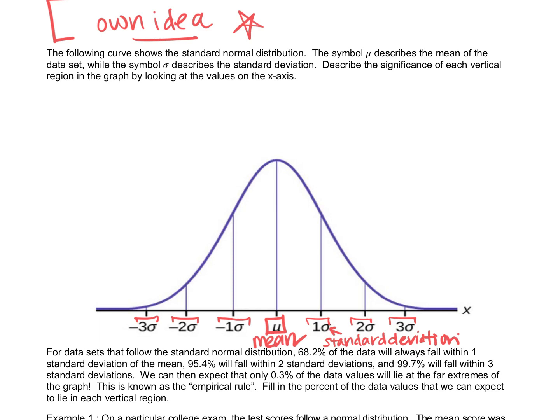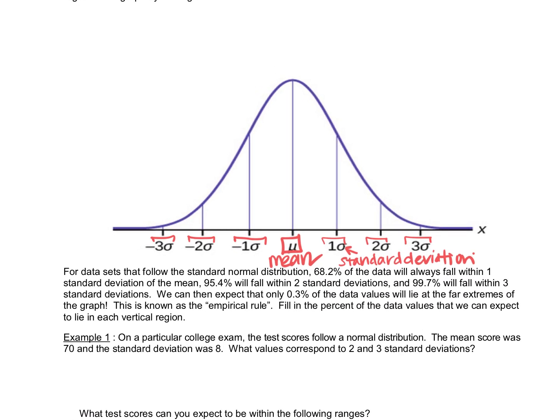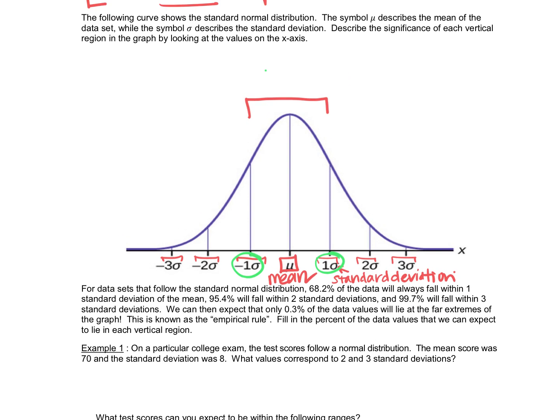What that's saying is that with the normal distribution, certain percentages of data fall within certain standard deviations. So we have that 68.2% falls within 1 standard deviation. That would be looking at +1 sigma, -1 sigma. In between there, 68.2% of our data is there.